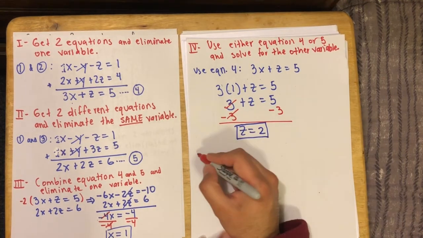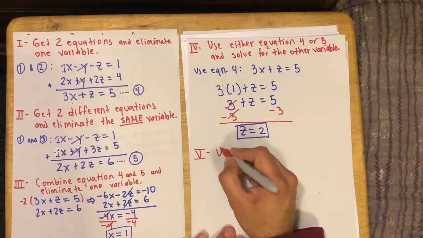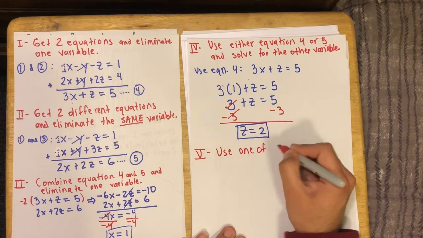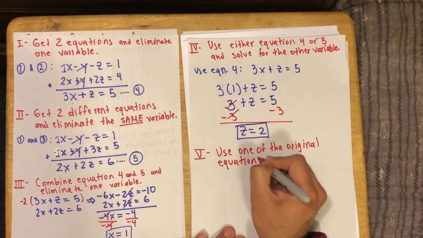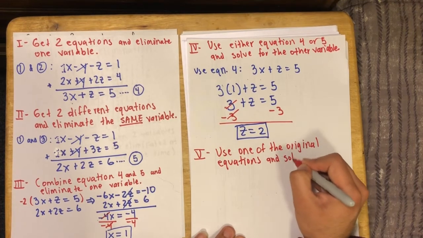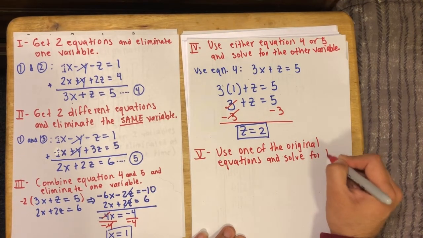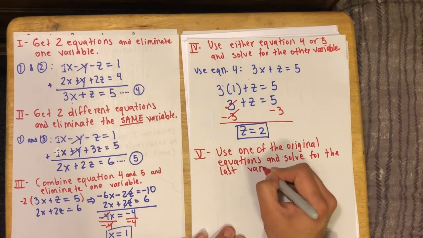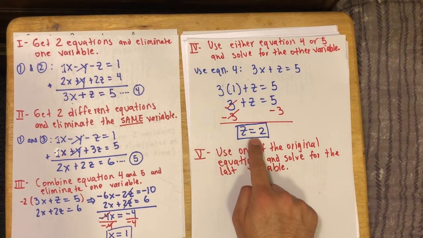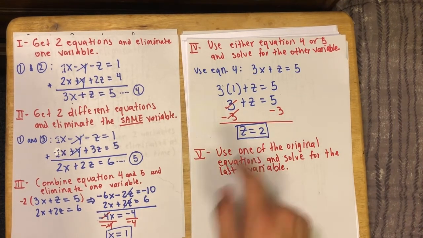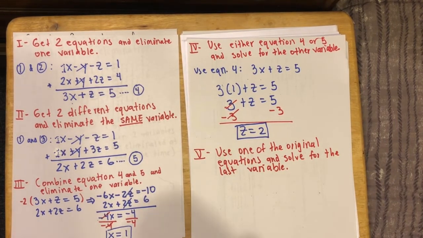Now last step, step 5. Use one of the original equations and solve for the last variable. Okay, so we already solved for x, and we solved for z in the previous step. Now we have to solve for y.